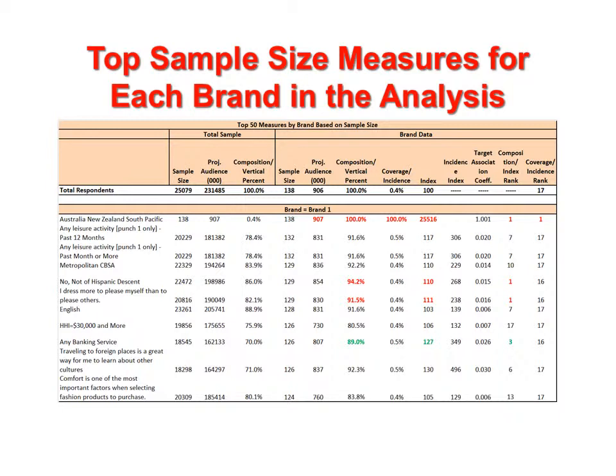The table also shows 9 metrics for the target brand, including sample size, projected audience, composition or vertical percent, coverage/incidence index, target association coefficient, composition index rank, and coverage index rank. For each target brand metric shown in this table, there is a corresponding table just like this one, plus one additional one which shows you the top overall predictors of brand usage independent of whether it is positively or negatively correlated with brand usage.